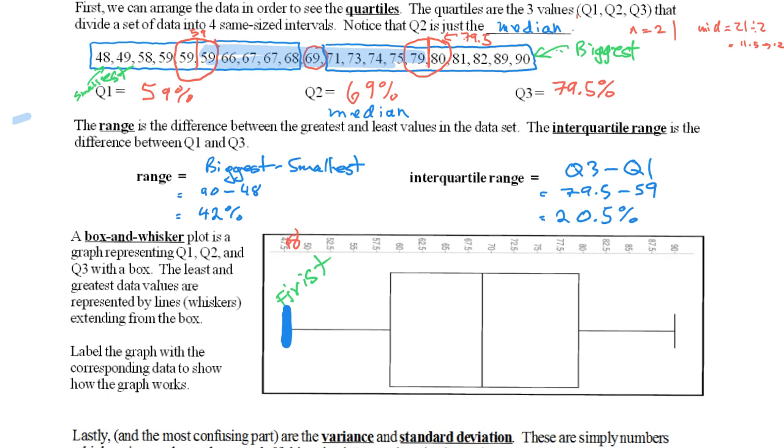Now, remember, our number line goes from 48 all the way to about 90. And then we're going to draw the last spot on our box and whisker plot. In this case, that number is 90, isn't it? Yeah, it is 90. So I'm just going to take a moment and write 90 in here. And this is the last element of our list.